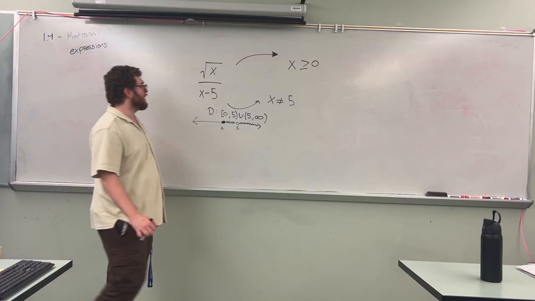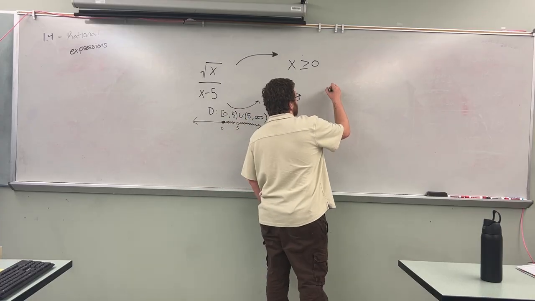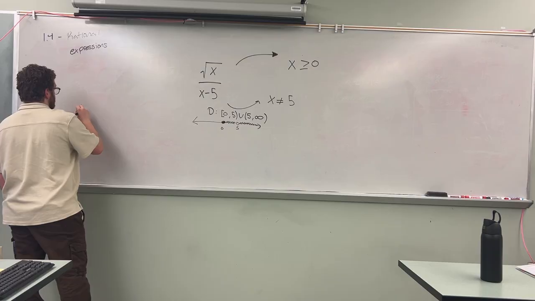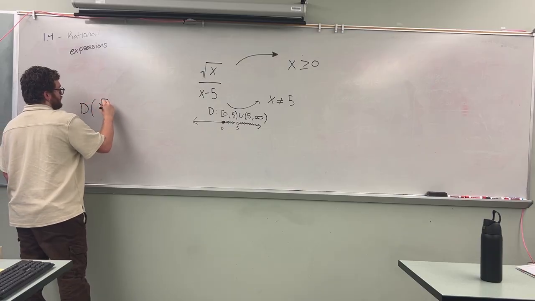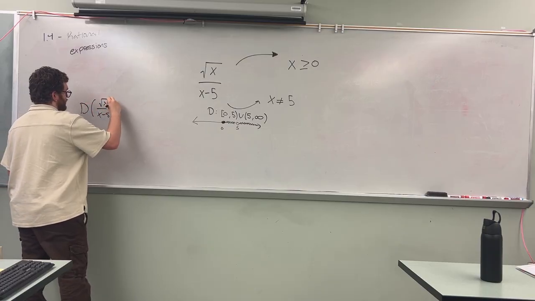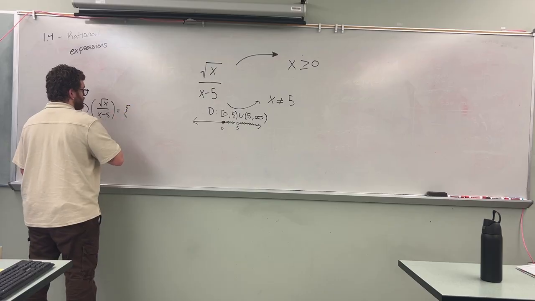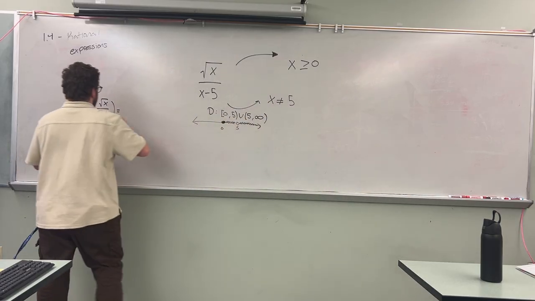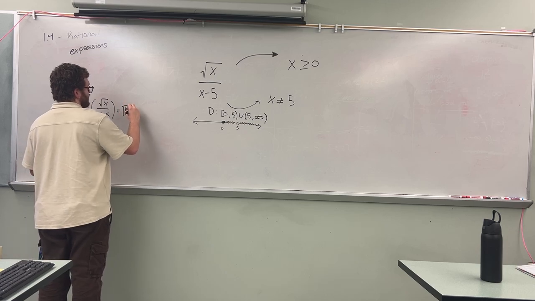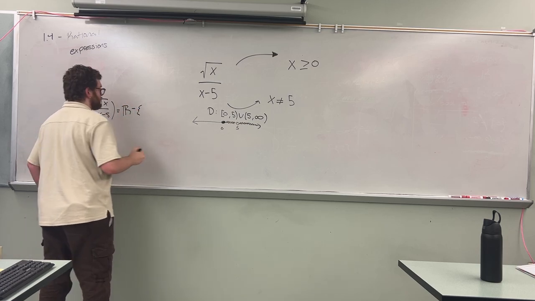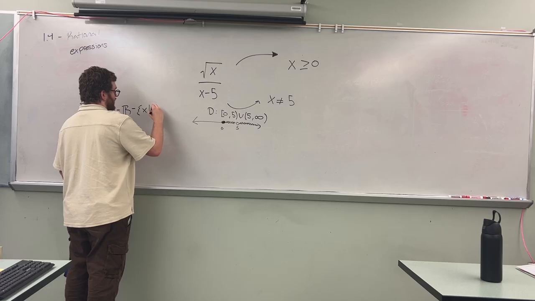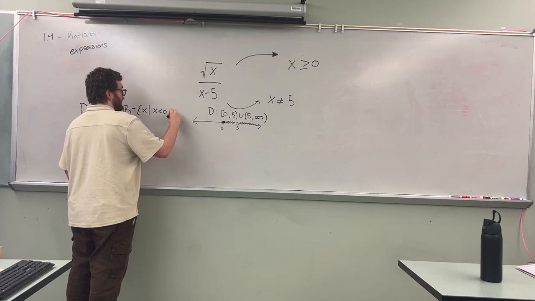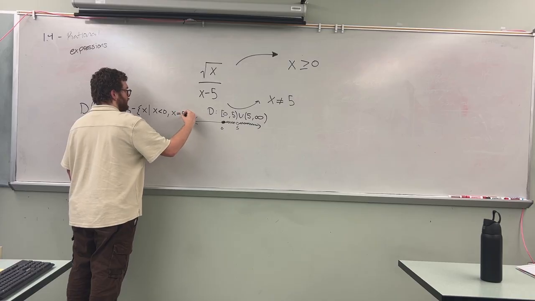Now in set notation, I'll say right here, the domain of root x over x minus 5 equals, maybe I'll do R first, all real numbers except for the set of x such that x is negative or x equals 5.